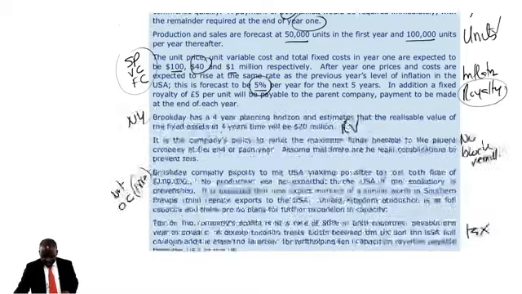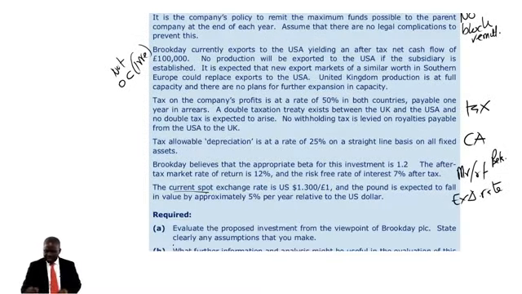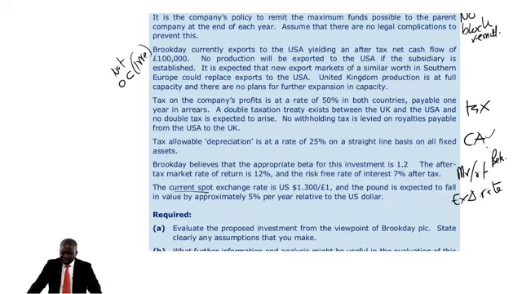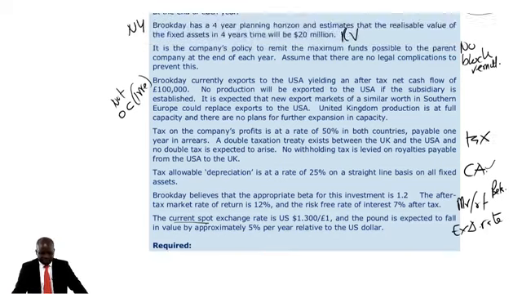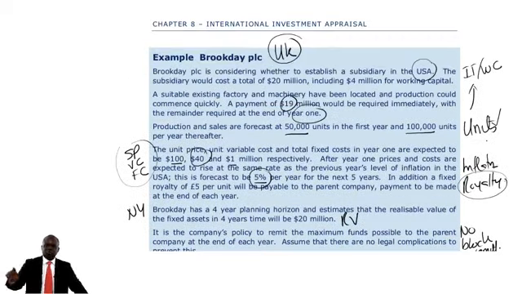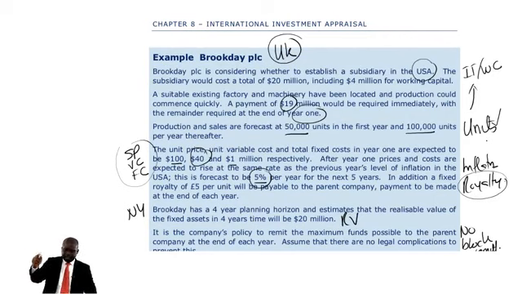The question is saying, where did we indicate capital allowance? This is the paragraph. It said, tax allowable depreciation is at the rate of 25% on a straight line basis on all fixed assets. So I need the value of the fixed asset, and the fixed asset will be got from the initial investment. When I come here to paragraph 1, I indicated initial investment.